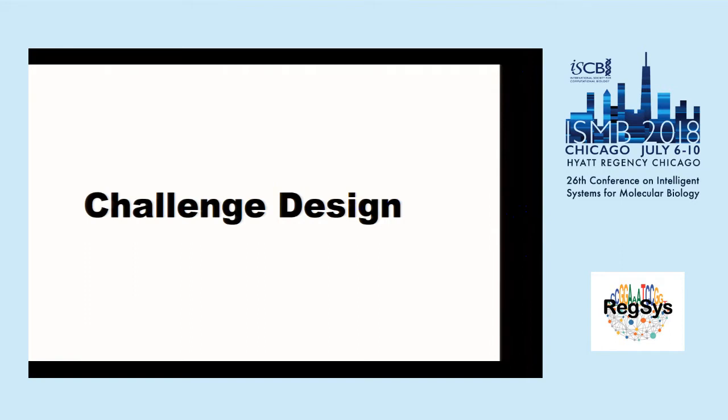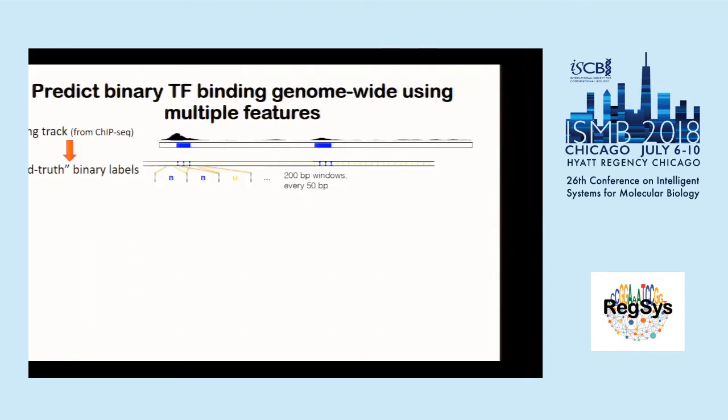So let me just briefly go over the challenge design. ChIP-seq is the most popular assay for in vivo TF binding, so we use that to define the ground truth here, irrespective of its caveats, which we can get to. We want to predict it from a minimal subset of putative determinants of binding, measured by relatively commonly available assays and information.